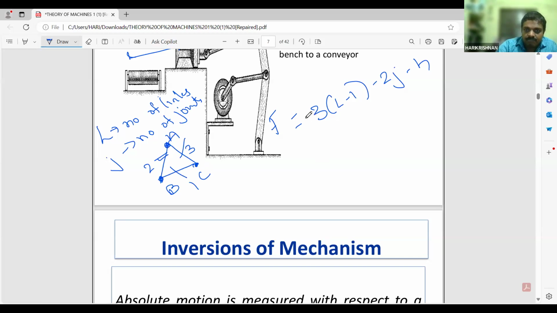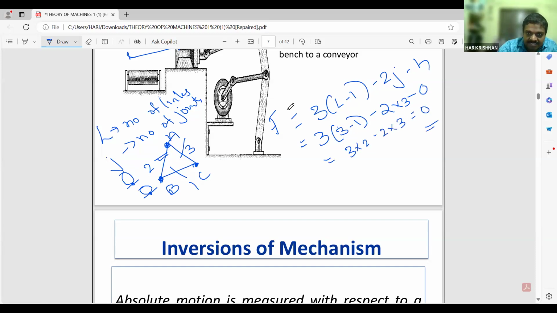When you apply the equation here, 3 into, how many links? 3, minus 1. How many joints? 2 into 3. If there is a higher pair, meaning any point contact, for example a cam connecting at a point, it comes under higher pair. There is no higher pair, so H becomes 0. So it is 3 into 2 minus 2 into 3, which is 0.